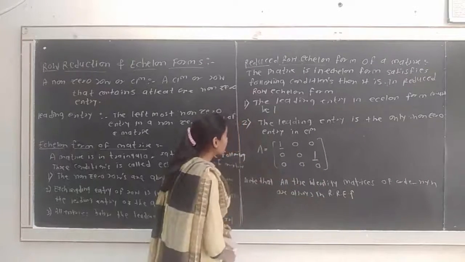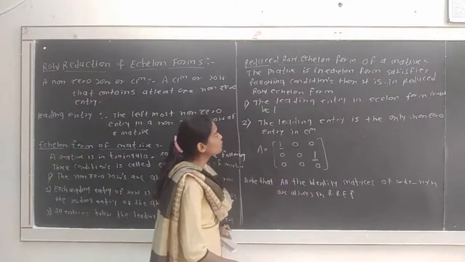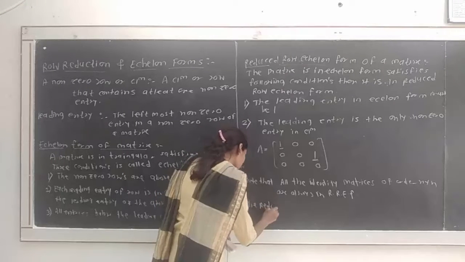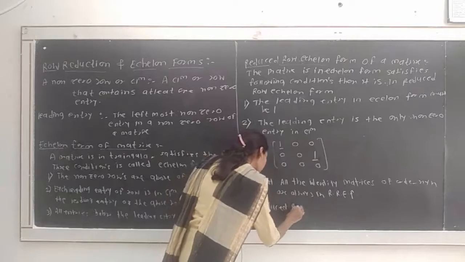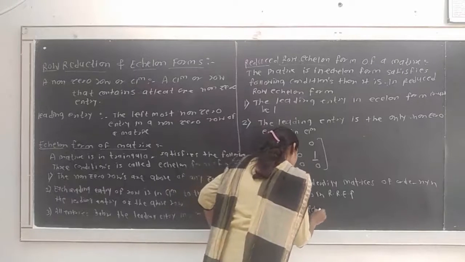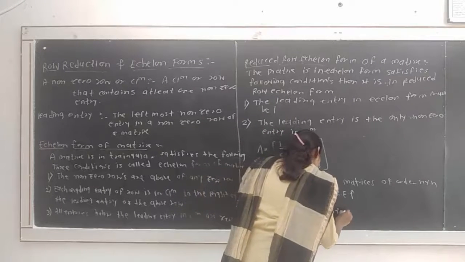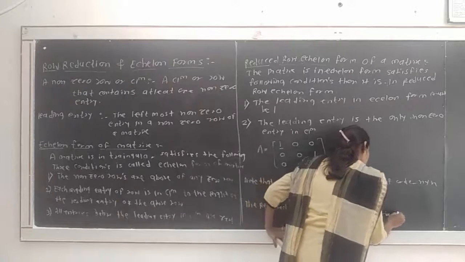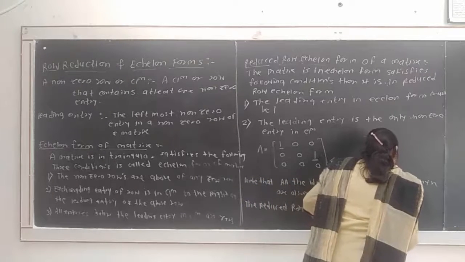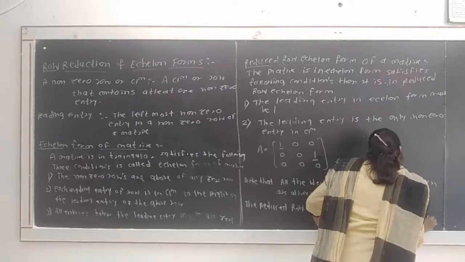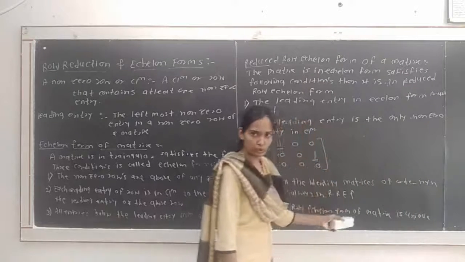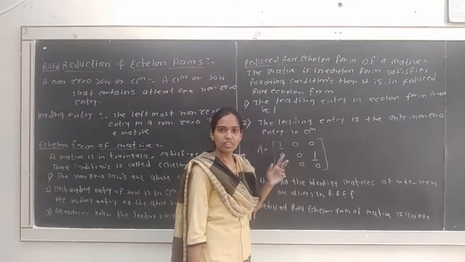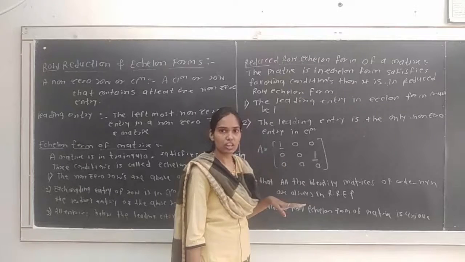Okay, then also note that the reduced row echelon form of a matrix is unique. If we convert a given matrix to the reduced row echelon form, then we have to get the unique reduced row echelon form.